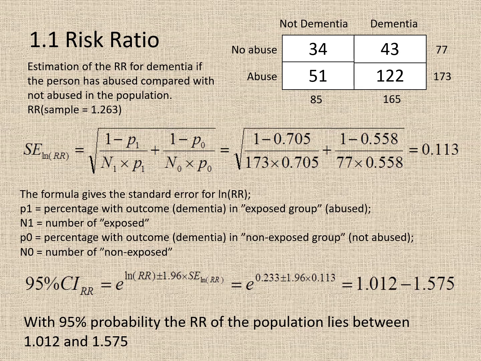We transform it in order to get at least more normally distributed values, and then we can use the z scores, the z table, in order to calculate the significance of this. And one of the reasons it doesn't become normally distributed is that the risk ratio can never be below 0. It cannot be negative.